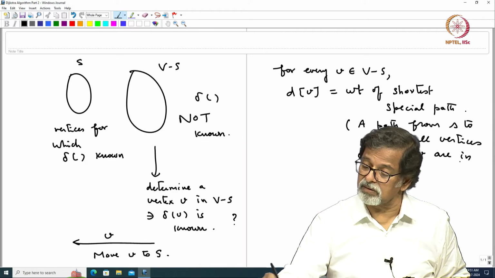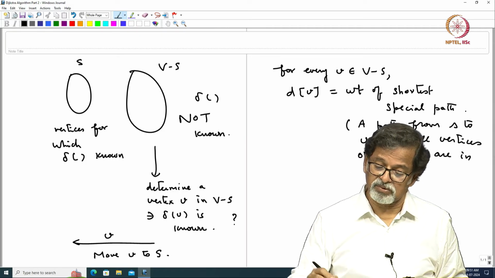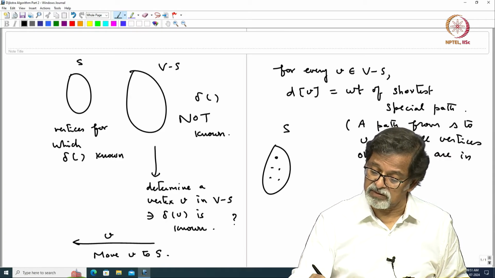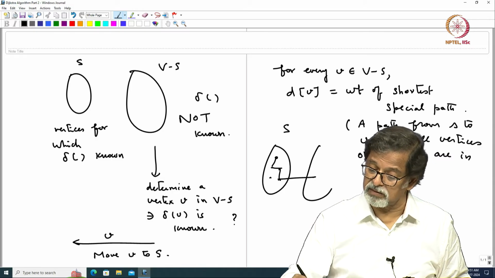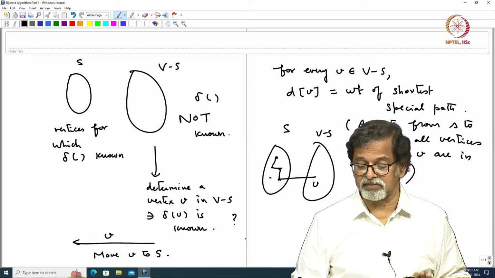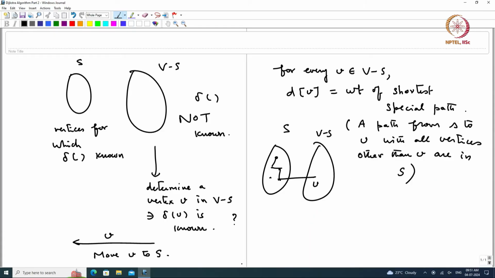in S. So, if this is S, there may be several vertices and then this is V. This is a special path. So, the special path ends with a crossing edge. Crossing edge is an edge going from S to V minus S, and this is previous of V. This is the last edge. So, we always say the last edge in the form of the vertex and its previous vertex.